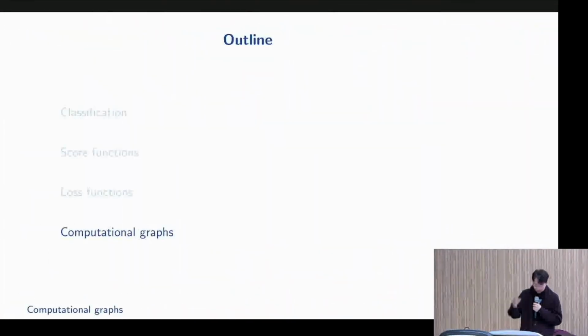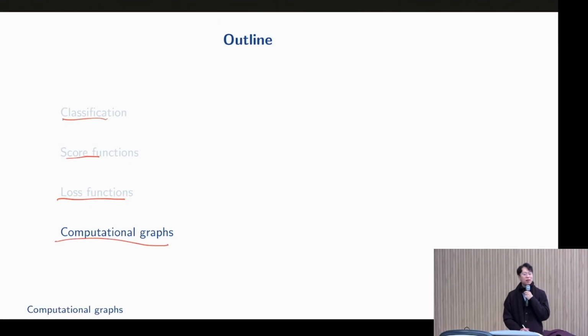Okay, so far we talked about classification problems, score functions, and loss functions, and now we're going to talk about computation graphs. This addresses how we're going to compute the gradient more efficiently. So far, we only discussed linear models.